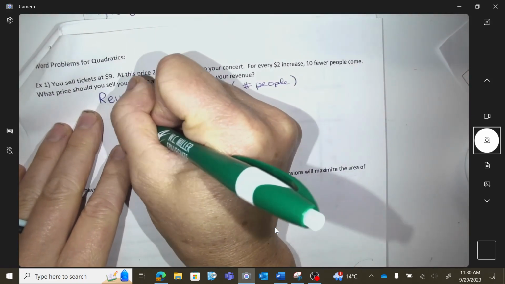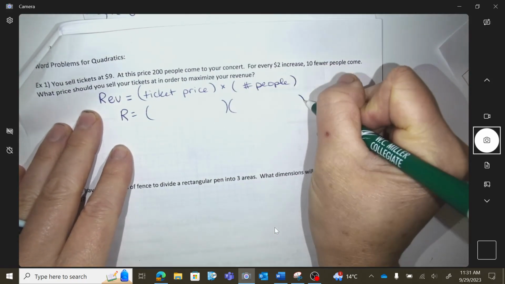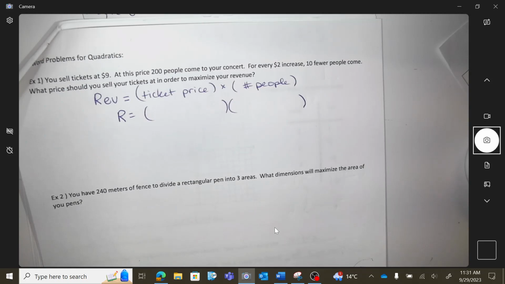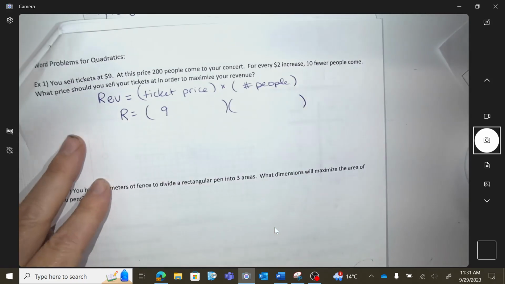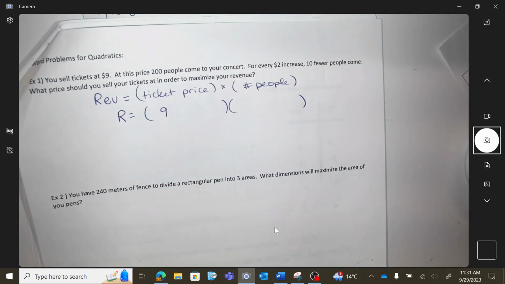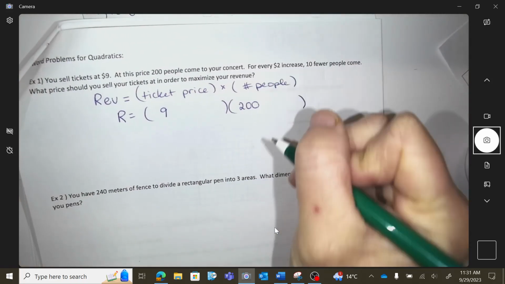Okay, so here's what I want to do. I'm going to go 2 brackets. So I'm going to start with the ticket price. And our ticket price started at $9. And 200 people came.